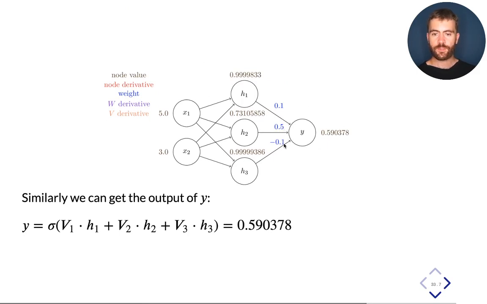These are the weights along each of these connections. Again, you can think of this connection as the dendrite of this neuron and the axon of this neuron. It has a weight 0.1, so I simply take these outputs, 0.9, 0.73, 0.99, multiply them by these weights, sum them, and now I have an output.